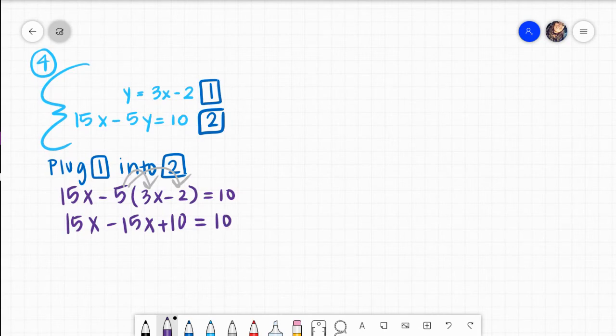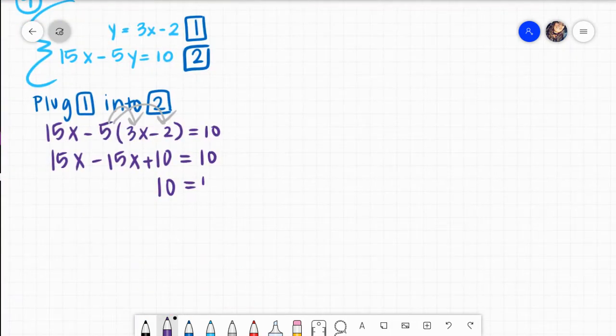Okay, so on the left-hand side, if I combine like terms, do y'all see how these are already additive inverses, right? 15x minus 15x, same exact term, different signs. They just canceled each other, they just went to 0. So what do I have left on the left-hand side? I just have a 10.